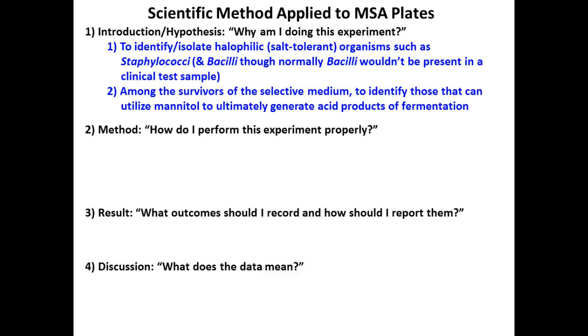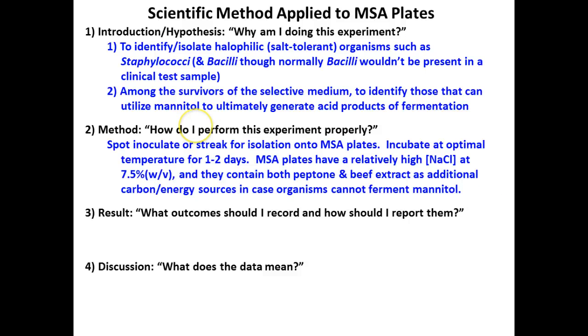So among the survivors, if you have a survivor, then we go one step further and we can ask the question, is it fermenting the sugar mannitol? And again, if it doesn't grow on the plate, we can't ask the second question, can we? Right? Because it would be killed off by the salt. We don't know if it can ferment mannitol. Right? So this is a two-parter.